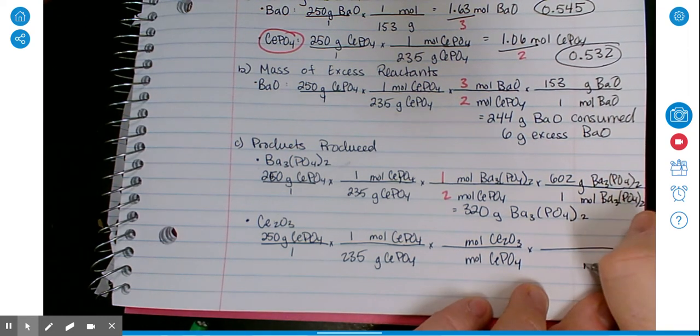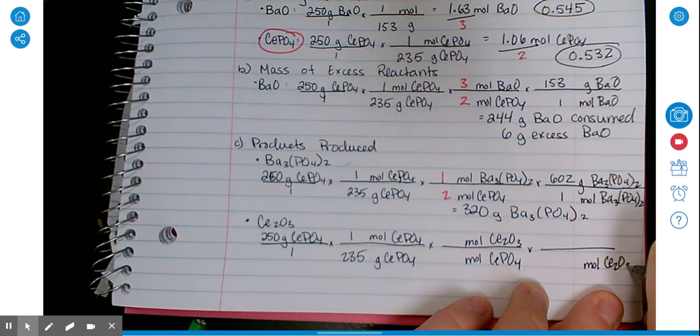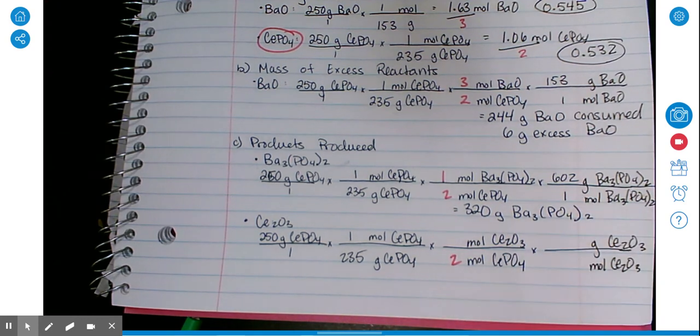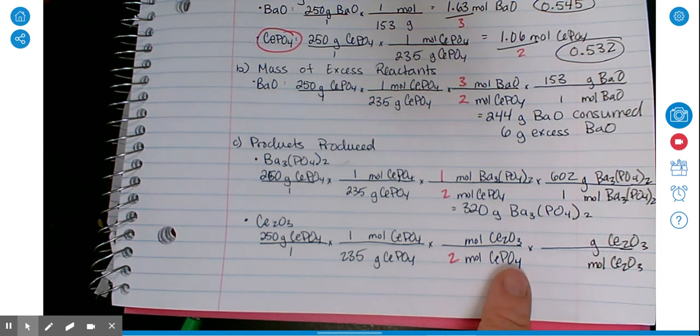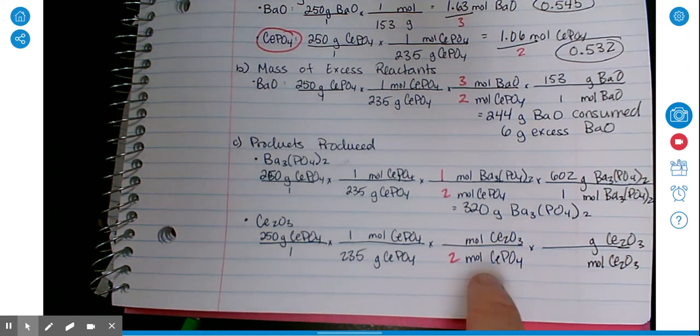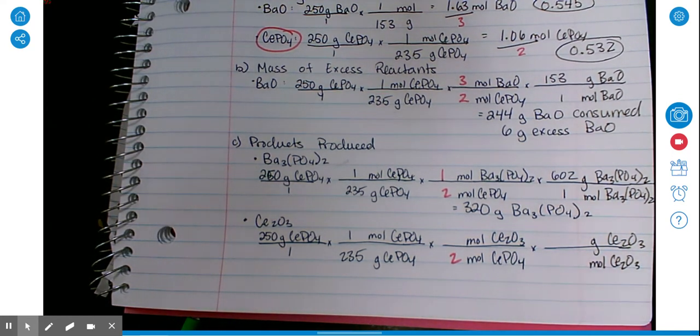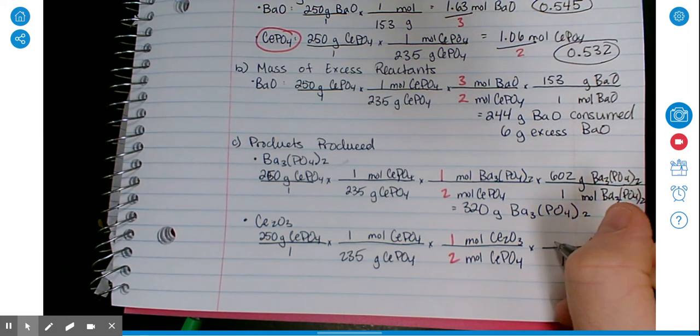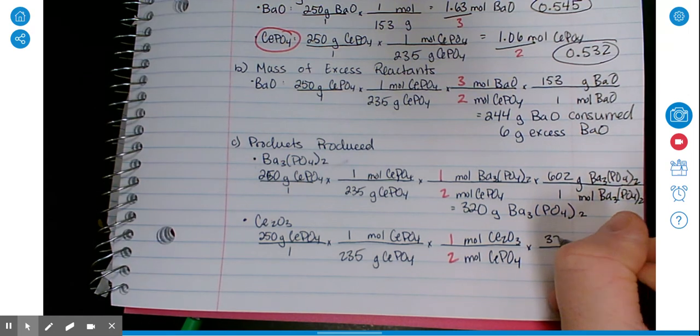And from moles of that substance, I can go to grams of that substance. These are the coefficients from out front. The CePO4 is 2. The Ce2O3, the labels are kind of looking similar, is a 1. And the cerium oxide over here, using that molar mass, 1 mole contains 328 grams.